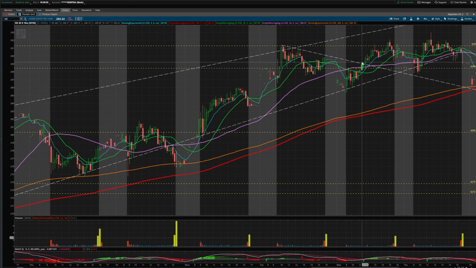So what I was waiting for on Home Depot was a break of the 15-minute 50. Ended up doing that around 11:45, 12 Eastern. We took a long at around 289. Our target, since it was above the 15-minute 50, was the previous day's high at 291.